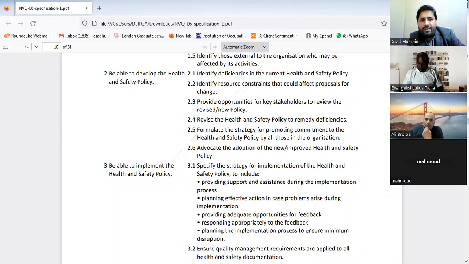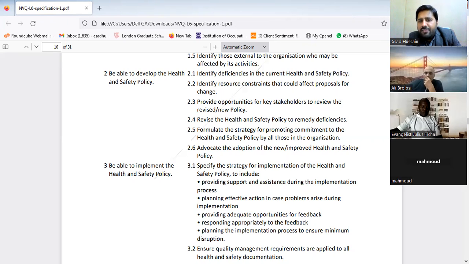Okay, fine. Now moving forward to 2.2, identify resource constraints that could affect proposals for change. So in your organization, you have to describe what the resource constraints are that restrict the proposal for change. Sometimes you have identified the deficiencies, but you can't change them easily because there are some constraints.